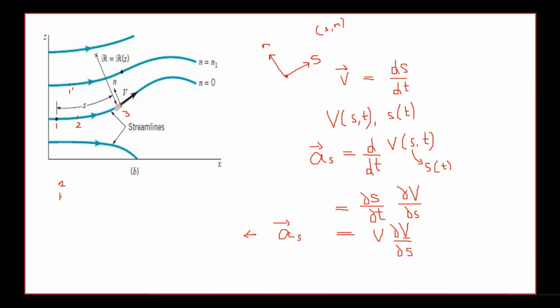There will be no change in direction as well as magnitude, right? So it will be moving in a straight path. Clear? Yes, sir. So the flow pattern should look like these straight lines for AS equal to 0. Clear?